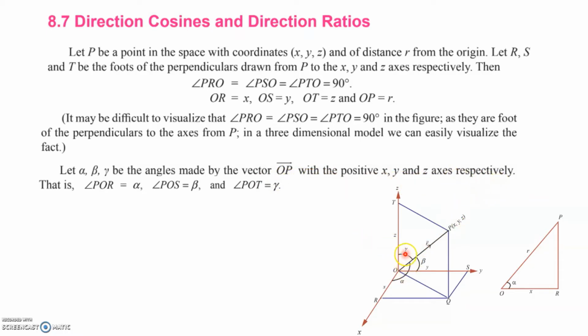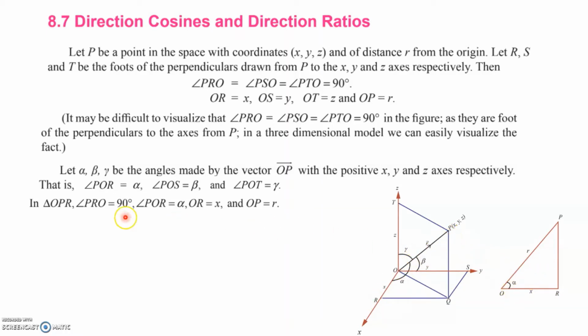So these are the angles that the vector OP makes with the x, y, and z axis, and therefore your angle POR is alpha, POS is beta, and POT is gamma.